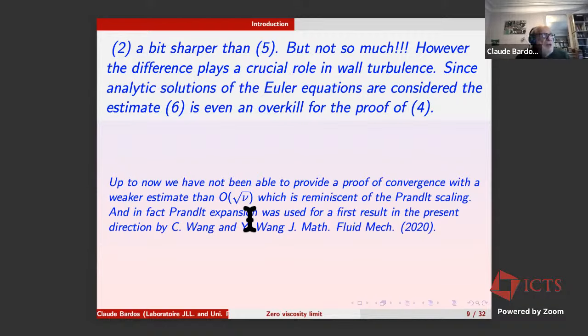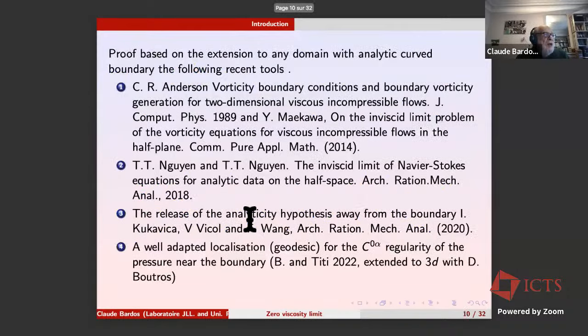Okay, so that's the goal of the technical part of my talk, and it goes more or less with the story of the problem. So the issue is the control of the vorticity on the boundary. Now, it turns out that if you write the Navier-Stokes equation with vorticity, it will be natural to have a boundary condition on the vorticity.